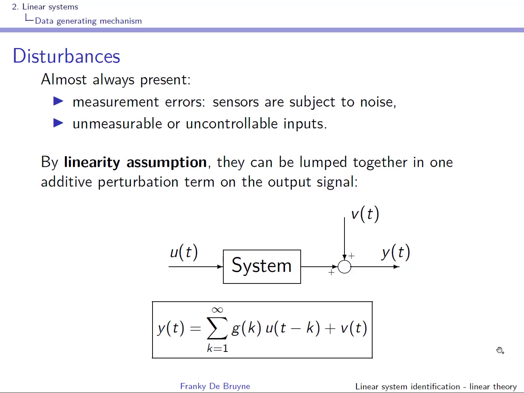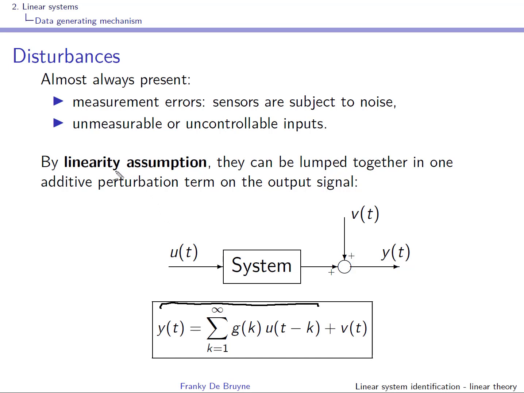So in the previous slides we have already looked at the relation between input and output, and we had obtained this equation over here. But of course you know that in reality there are disturbances that are always present. They could come from measurement noise, or they could come from influences on the system that are uncontrollable and unmeasurable.